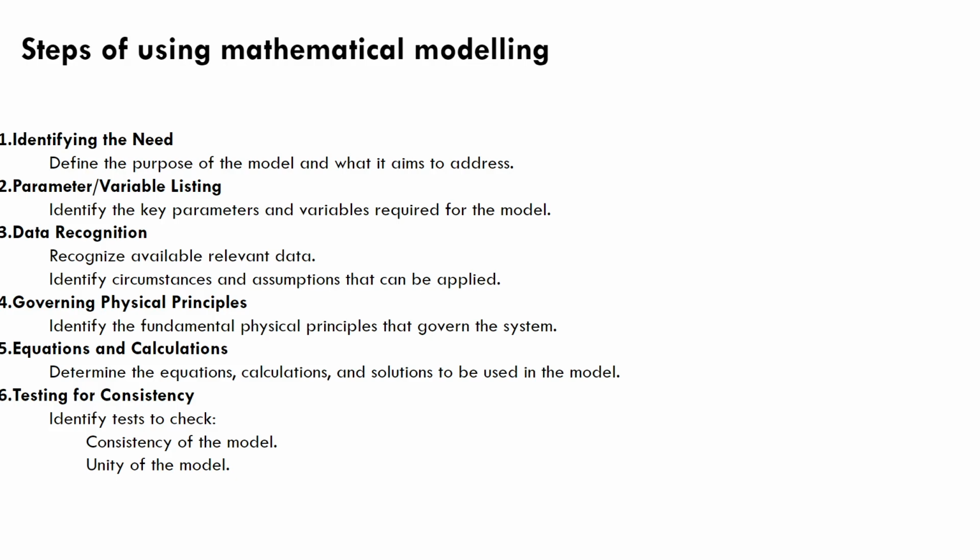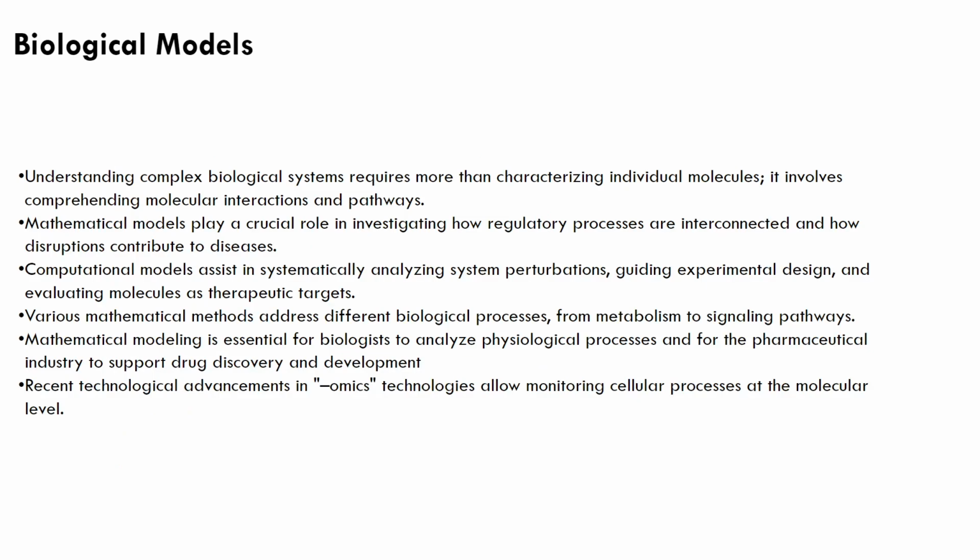Okay, moving on. Next comes biological model. Till now we have studied what is systems biology, why we use mathematical modeling, the steps of using mathematical modeling, and now we come to biological models. Understanding complex biological systems requires more than just characterizing individual molecules, and it involves comprehending molecular interactions and pathways.